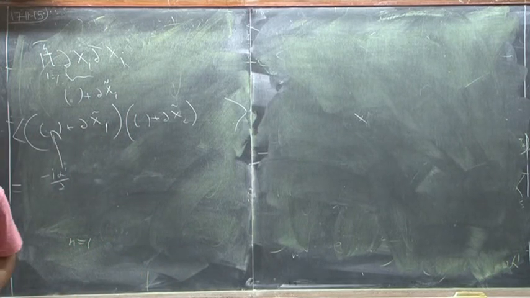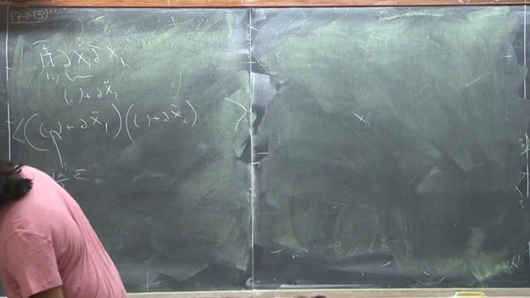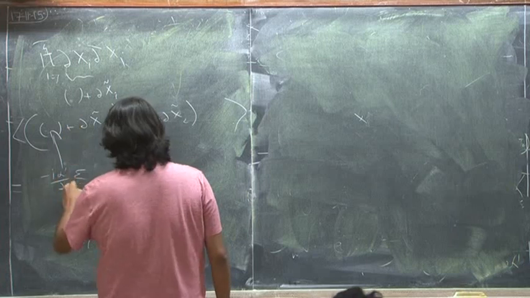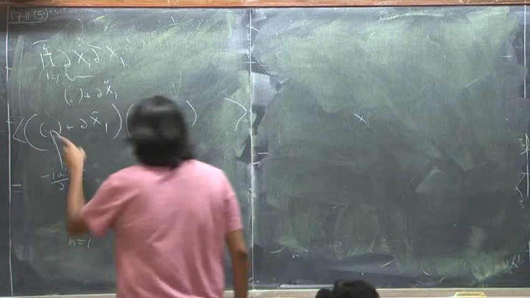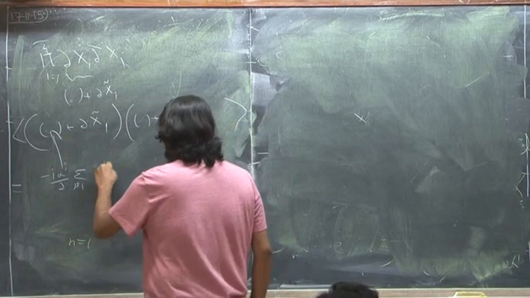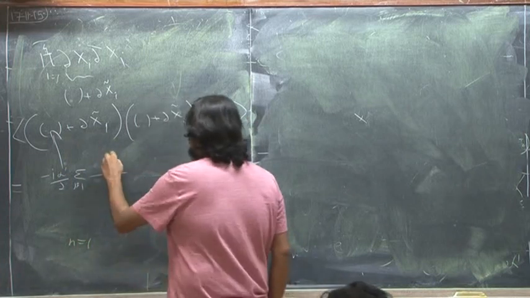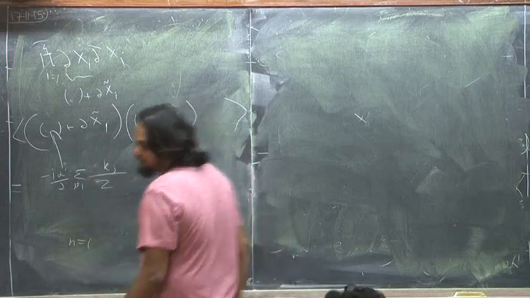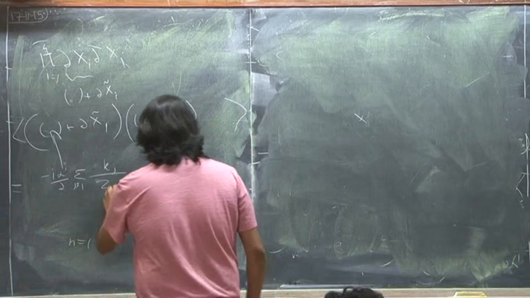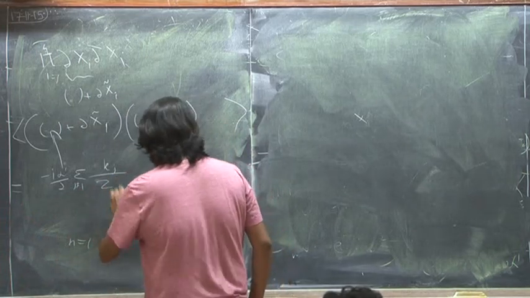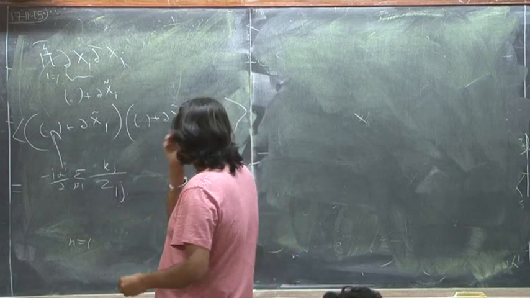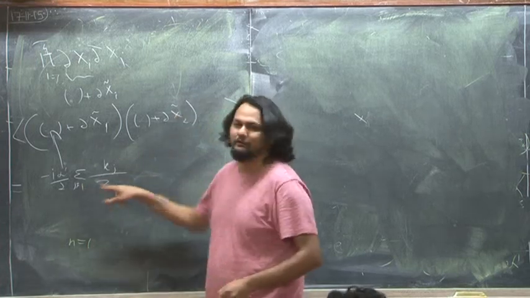It's going to be the sum over j not equal to i of k_j by z_ij times the polarization, for 1 it is 1 here, for 2 we will have 2 here and so on, right?